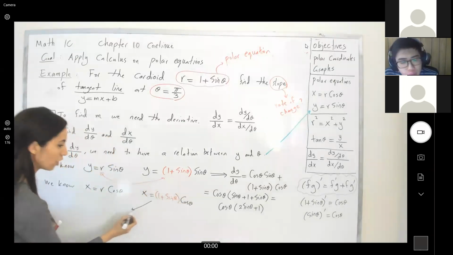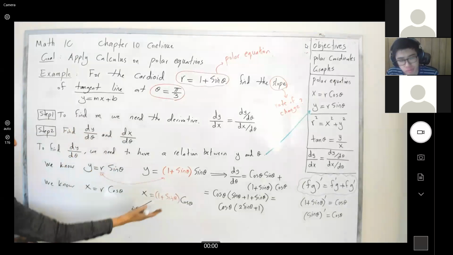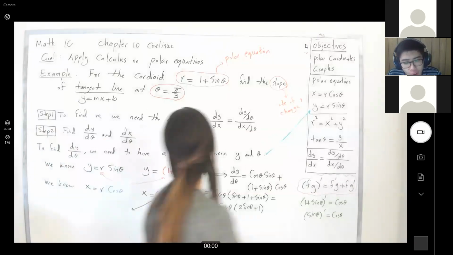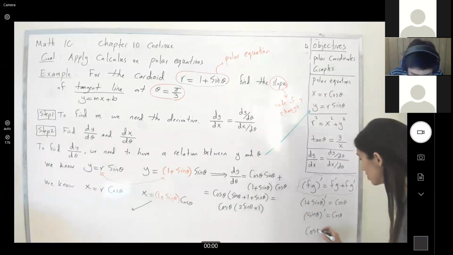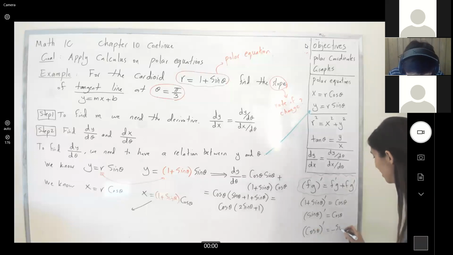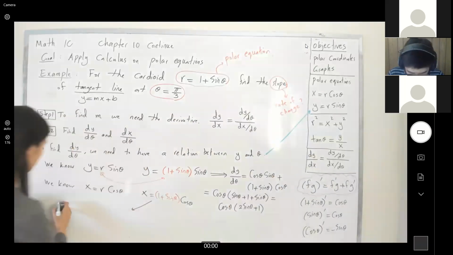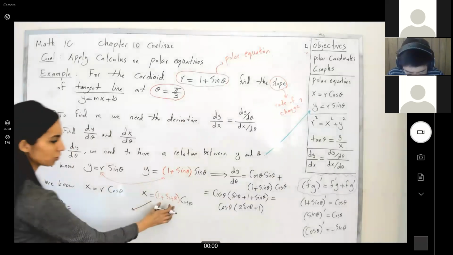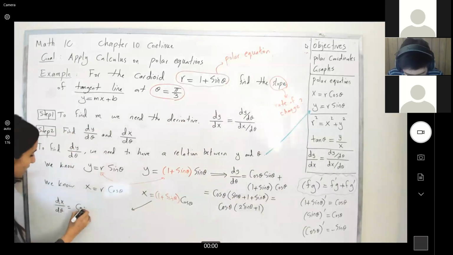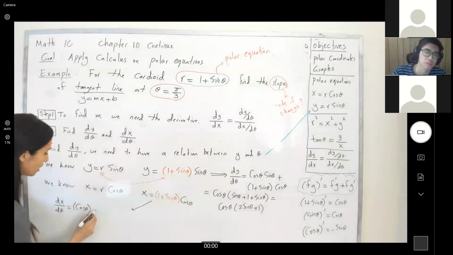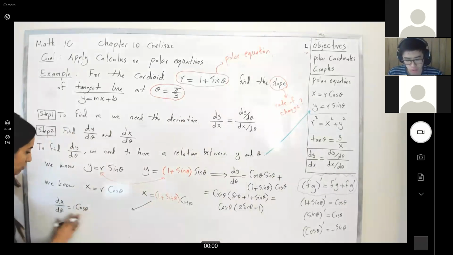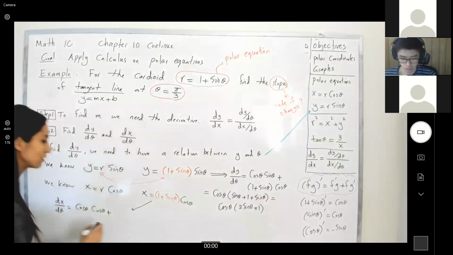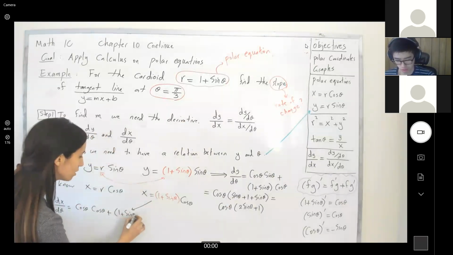Now we're going to take the derivative of x with respect to theta. Again, you can distribute these into parentheses, or you can just use the product rule. Here we need the derivative of cosine, which is negative sine. So dx over d theta is equal to the derivative of 1 plus sine, which is cosine, cosine theta times cosine theta, plus, now we're taking the derivative of cosine, which is negative sine, times 1 plus sine theta.